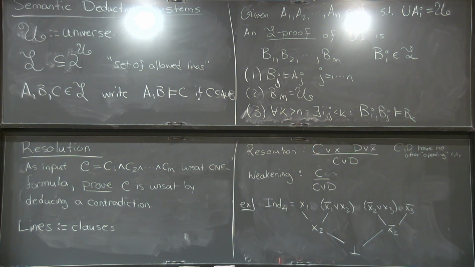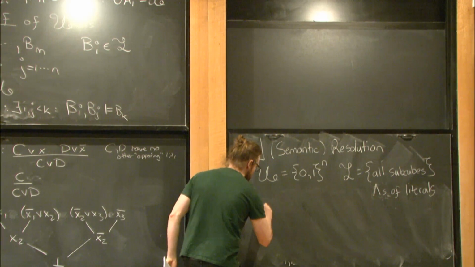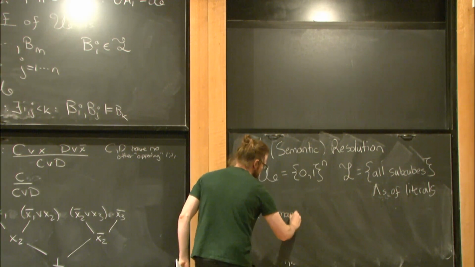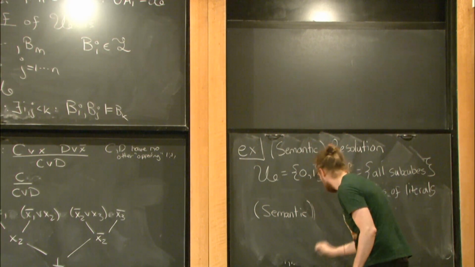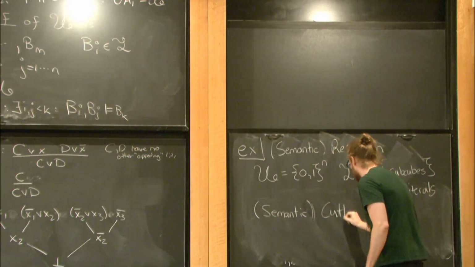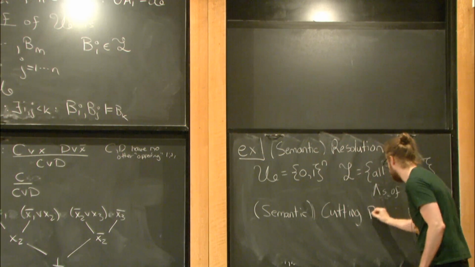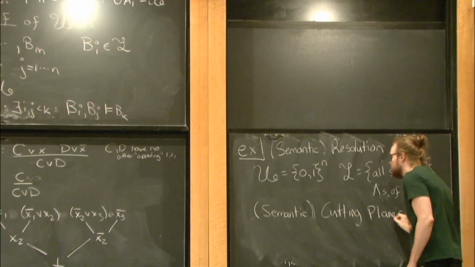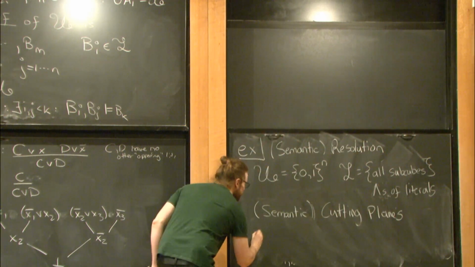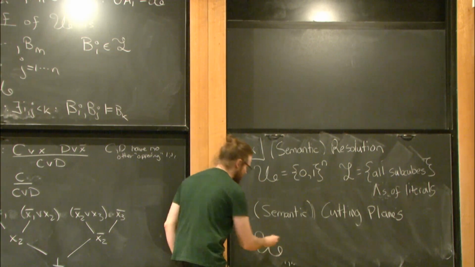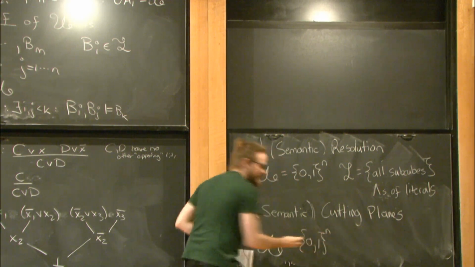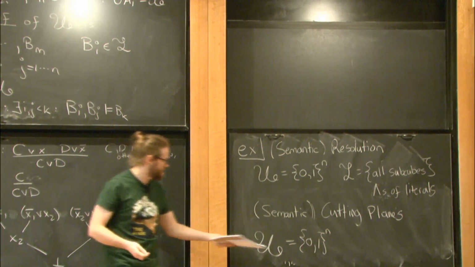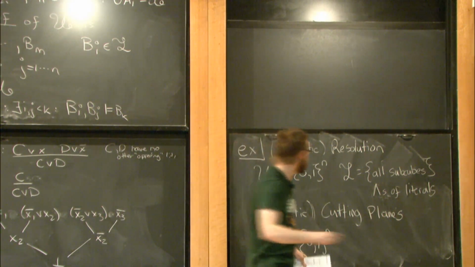Okay, so another maybe more non-trivial example from the literature is cutting planes proofs, if you're familiar with optimization. Once again, really you could take it to be a bigger universe, but say for refuting CNFs, we can consider the universe to be these guys again.